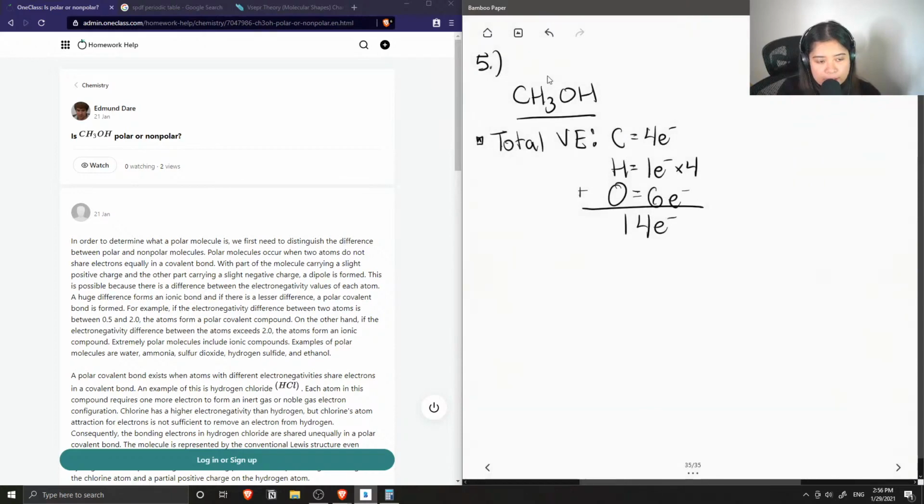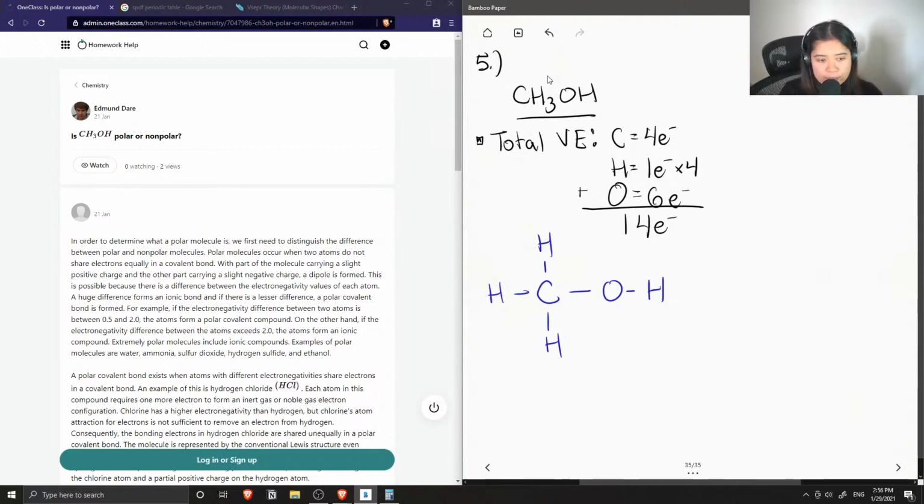So now we can try to draw the skeletal structure. So the carbon will be bonded to the 3 hydrogens and another bond to the oxygen, and the oxygen can be bonded to the last hydrogen.